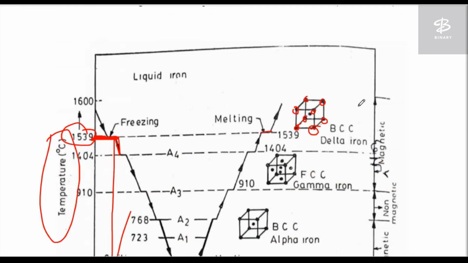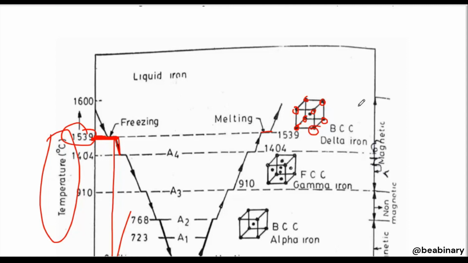Okay, so if we talk about the BCC, a single complete atom is at the center of that cube, and each vertex has 1/8 part of a single atom. So overall, how many atoms are there in BCC?